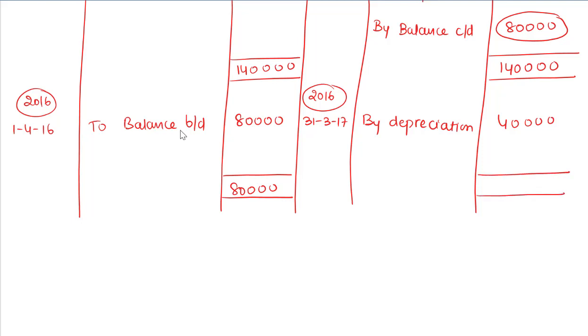Total is 80,000. Let us find the closing figure. 80,000 minus 40,000 is 40,000. We will write by balance carried down.